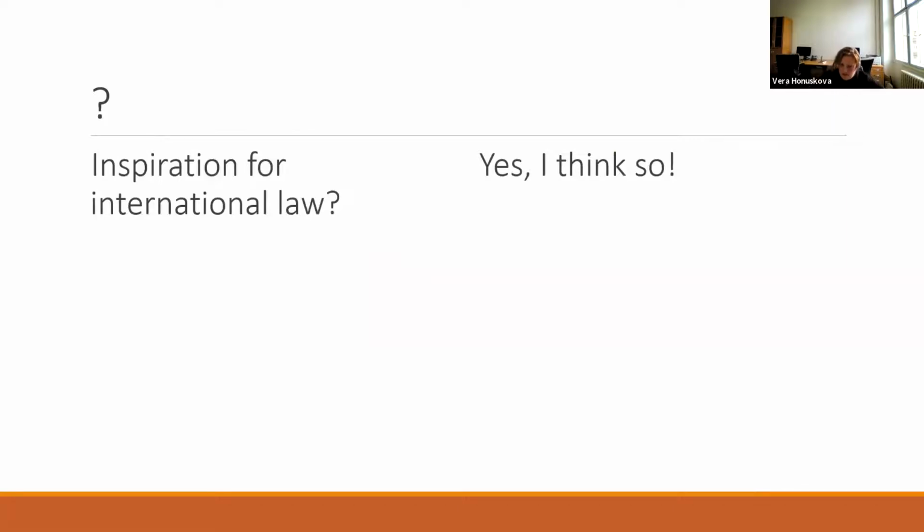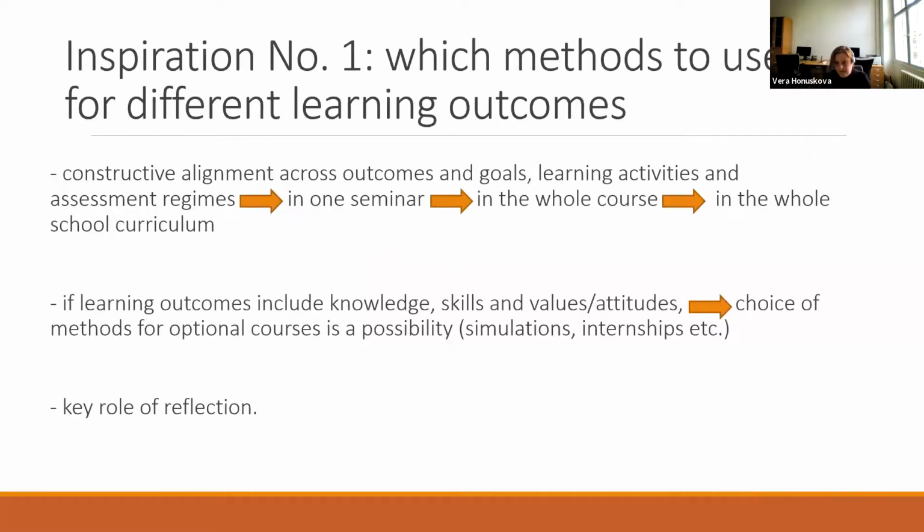Is there inspiration for international law? Yes, I think so. I actually named it inspiration number one. And I would describe it as follows. When designing courses, we as teachers always look at specific course learning outcomes, as well as at the overall goal of the law faculty.